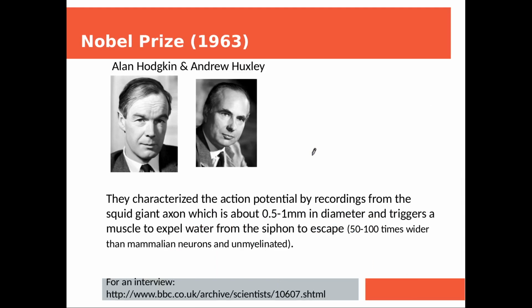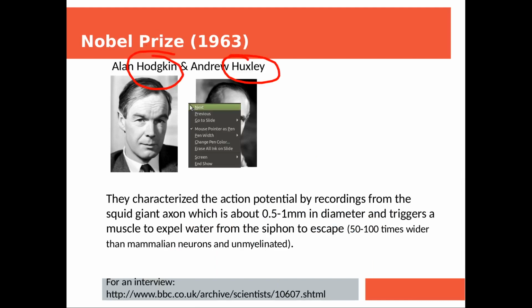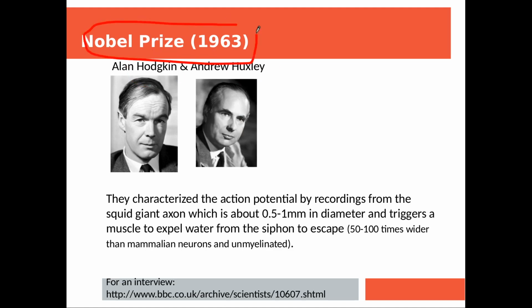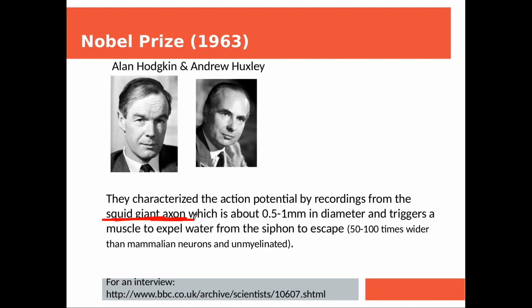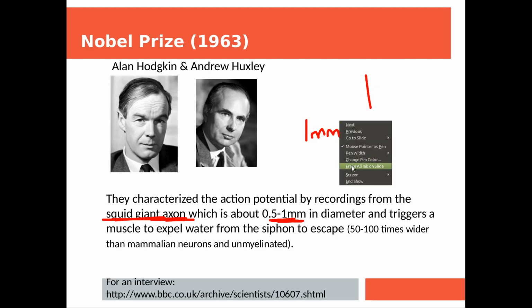The action potential was first described, or proved, by Hodgkin and Huxley, two very famous researchers who won the Nobel Prize for Physiology or Medicine in 1963 for characterizing the action potential. They didn't use human brain cells, they used giant squid axon cells, the axon of a giant squid, which is very big. It's called the giant axon because it's about 1 millimeter wide, so you can see it with your eye.